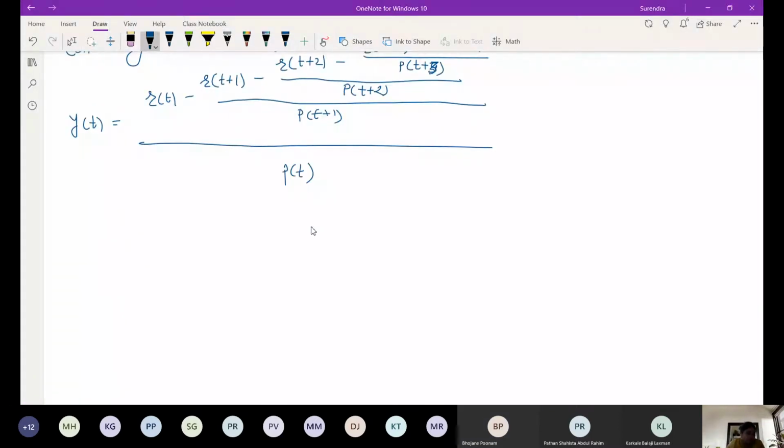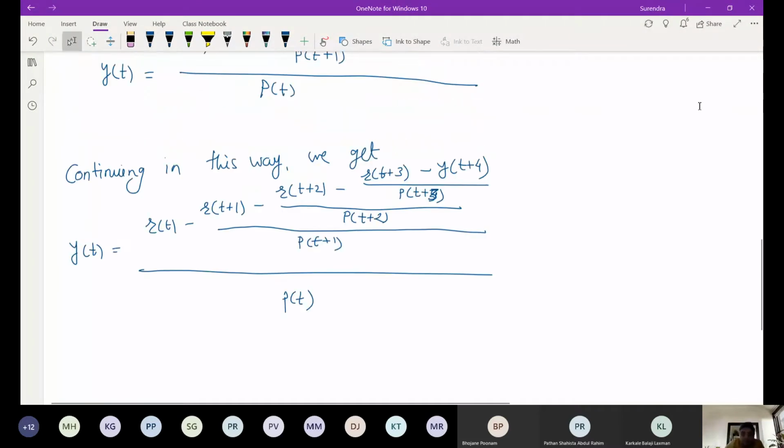So continuing in this way, I will write here dot dot dot, instead of this y at t plus 4. Is that okay?